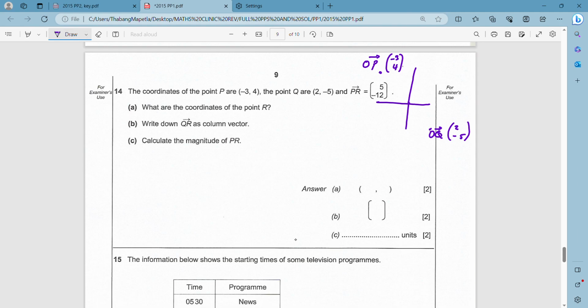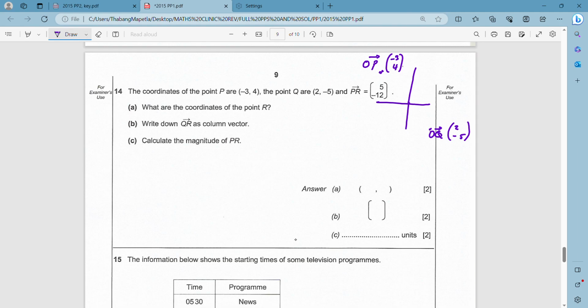So we are going to move from P as a point to R as a point, but the distance between them, not the magnitude, sorry, as per each coordinate or each dimension, the x value and y value, is going to be 5, -12.